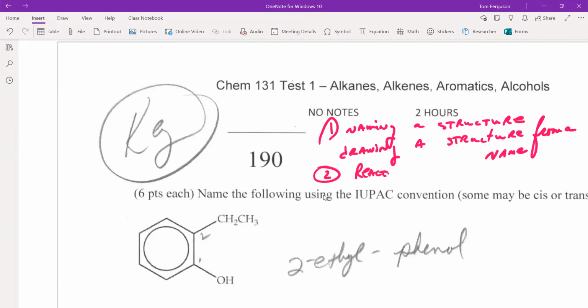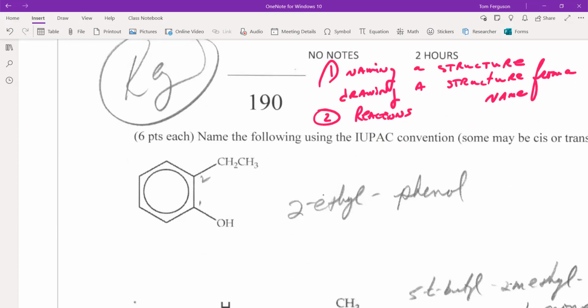Reactions. All reactions require 3 parts. You need to name all parts, their conditions, and if there's a mix, circle most stable.